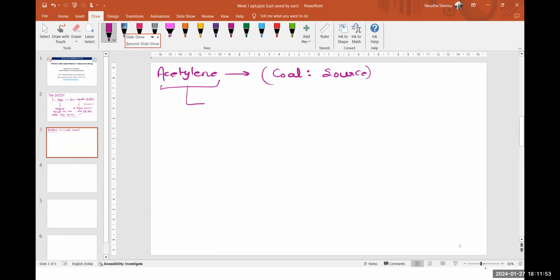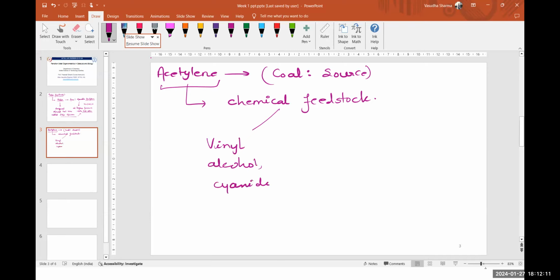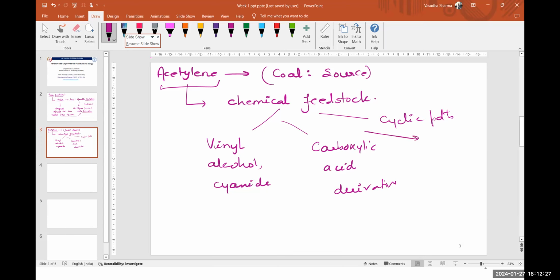This acetylene is used to give many other chemicals, or we can say it can be converted to more chemical feedstock, which involves vinyl alcohol, cyanide, chloride, etc. It can give you some carboxylic acid products, derivatives, some cyclic products also, and it is also involved in making polymers and so on.